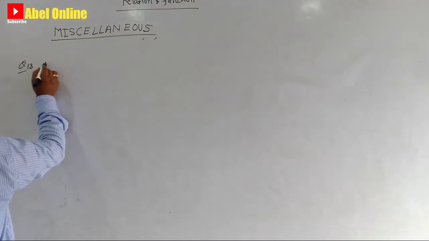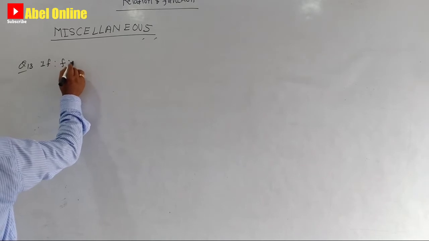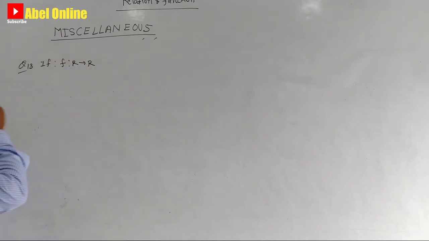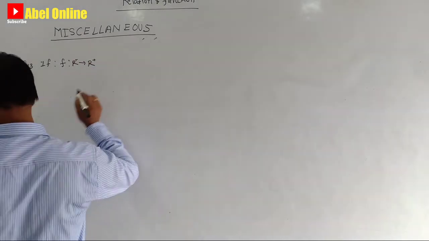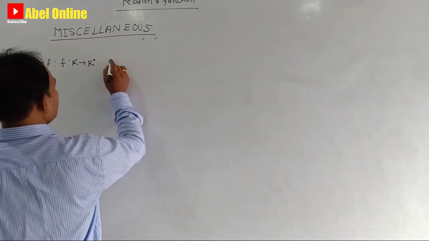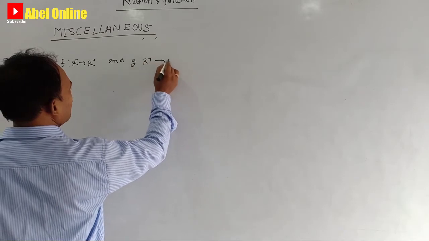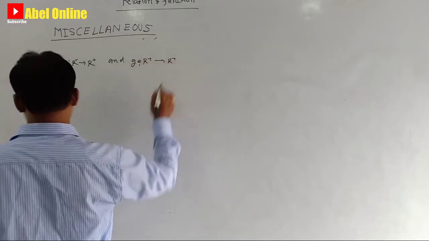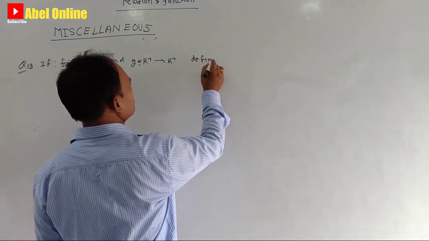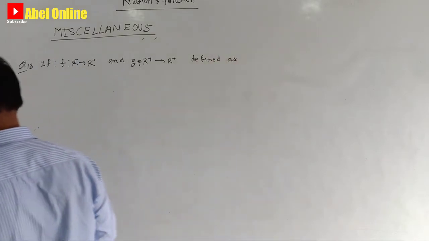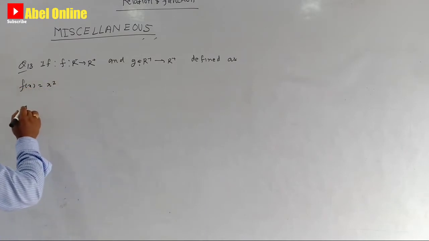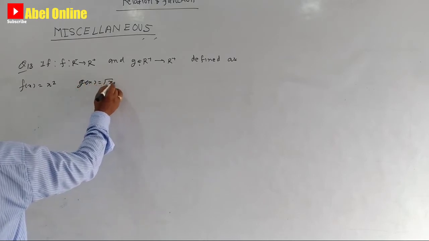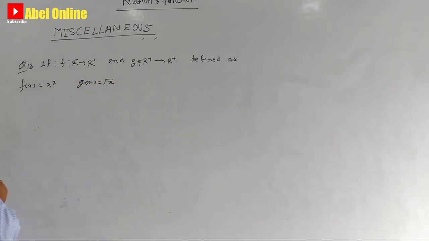If f: R to R plus and g: R plus to R plus are defined as f(x) equal x square and g(x) equal root x, then find gof and fog.